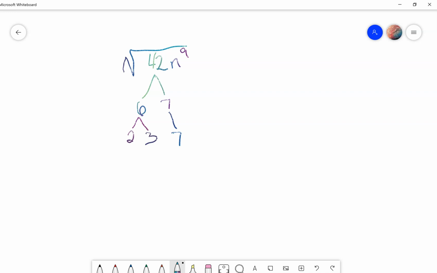Do you guys see any sets of 2 numbers? I see the number 2, I see the number 3, and the number 7, but there's no duplicates. So 42 is staying under the house. Normally the next thing we would do would be look at the variable n to the 9th power.